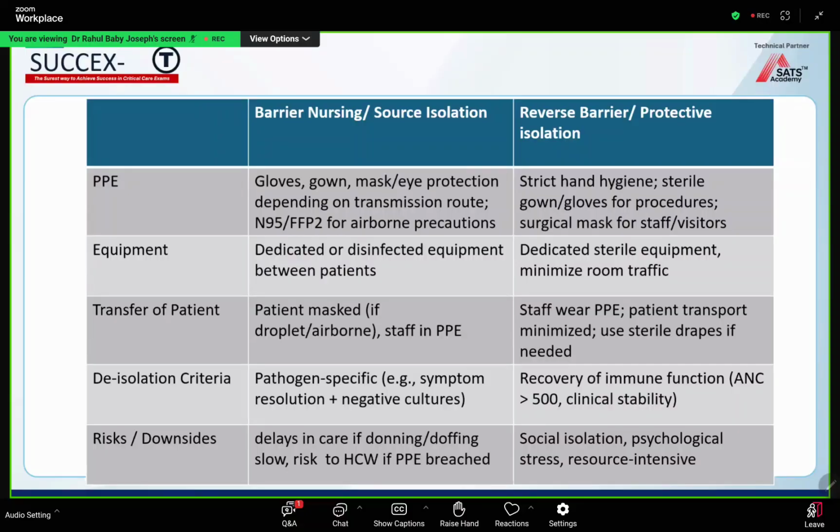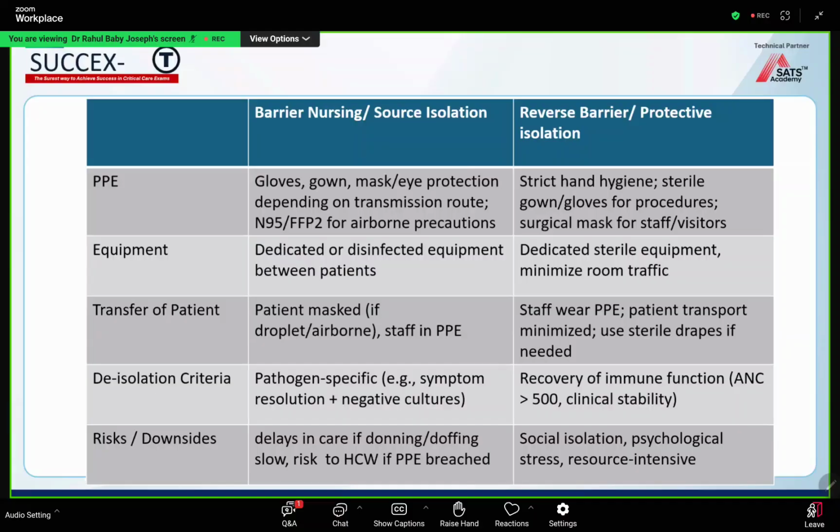The de-isolation criteria in terms of source isolation is pathogen specific. It is symptom resolution plus negative cultures, and depending on the condition, it can vary. In reverse barrier, de-isolation occurs when the patient has a recovery of immune function, that is, the neutropenia has resolved, or the patient is clinically stable.